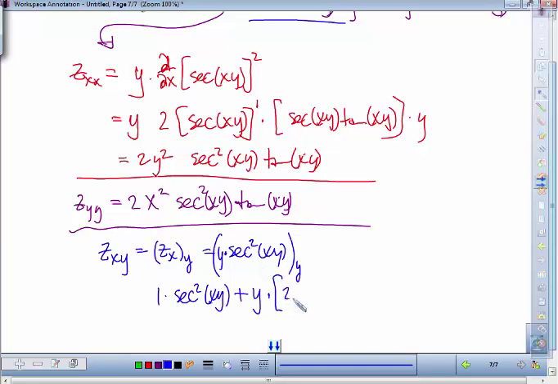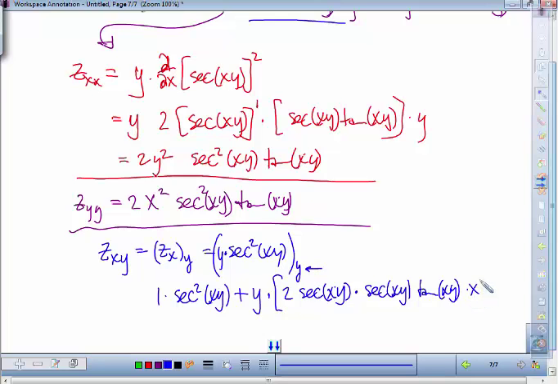So we drop the 2 down, secant xy to the first power. Should I put brackets on the first power? Okay, so that's the power rule. Now the chain rule, the derivative of the inside, derivative of secant: secant tangent. And then one more chain. The derivative of xy with respect to y is what?